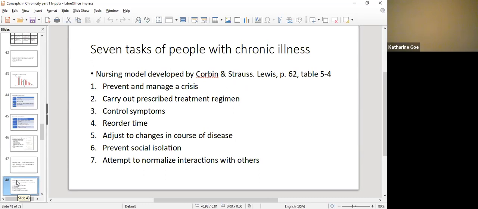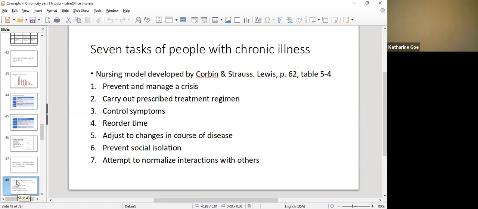As you see from the illness trajectory, that is a feature of chronic illness. Another challenge is to carry out the prescribed treatment regimen. Quite often people will have an initial period of stability where they're managing symptoms with their treatment regimen. And then as the condition becomes more complex, that can become more difficult.